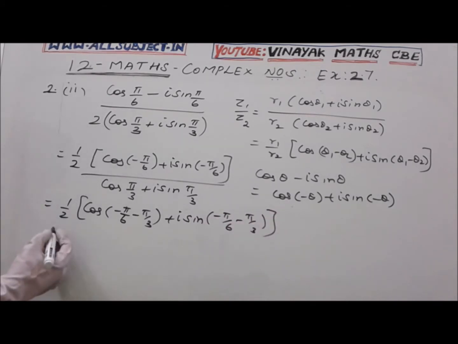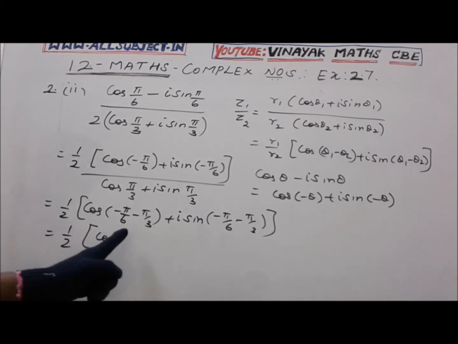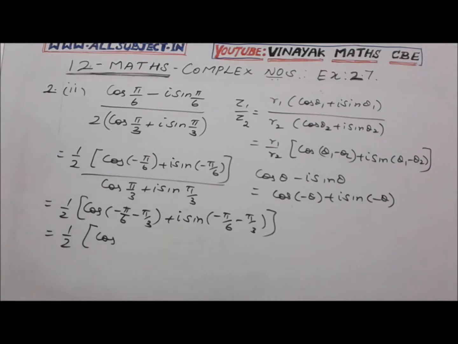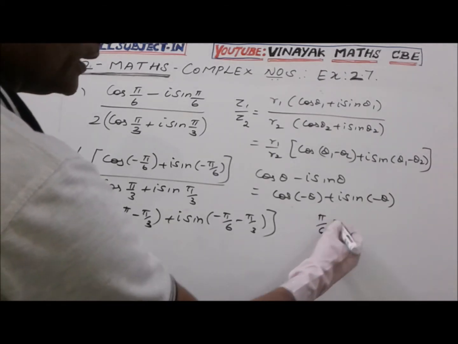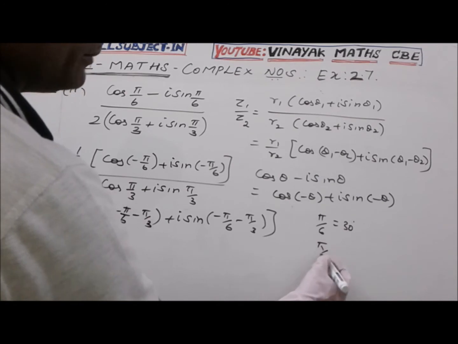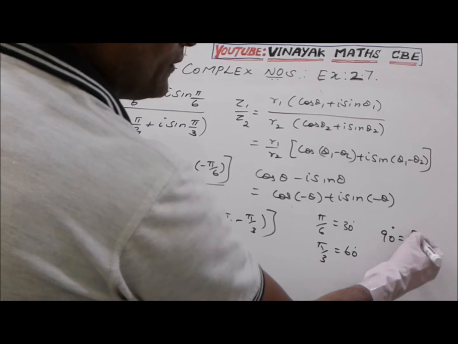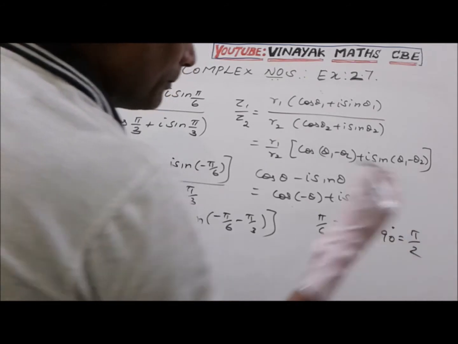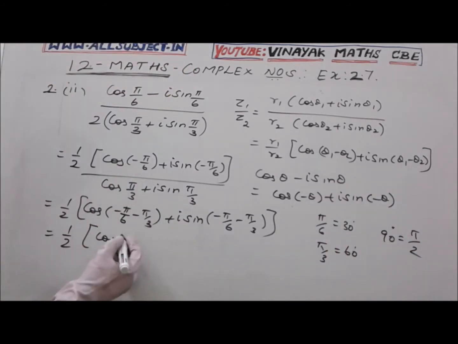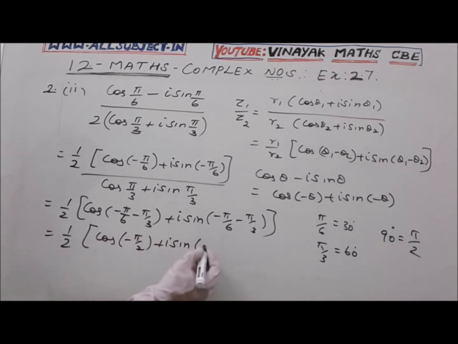When we simplify it, it will equal 1 by 2 into cos of, this is 30 degree and 60 degree. Pi by 6 means 30 degree and pi by 3 means 60 degree. Adding these two we get 90 degree. When we write that in radians, 90 equals pi by 2. So both are negative. We can simplify it: 1 by 2 into cos of minus pi by 2 plus I into sin of minus pi by 2.